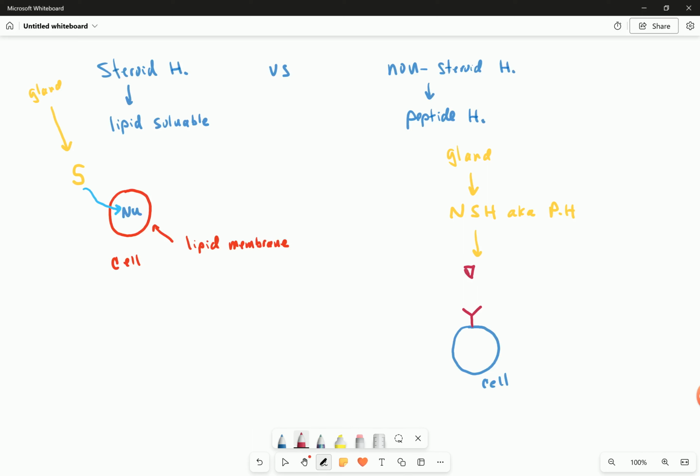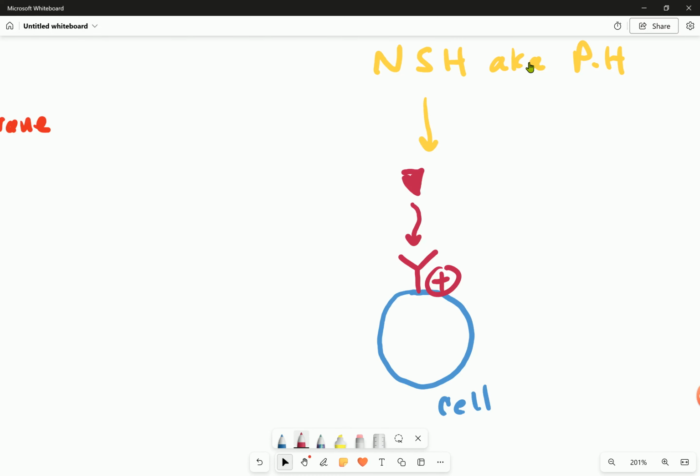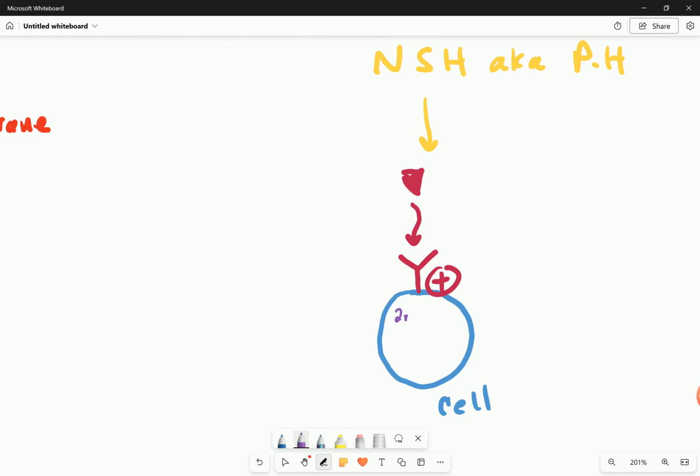Okay, and so this particular non-steroid hormone will bind to the receptor, and what that does, it creates an activation of some mechanisms on the inside of the cell called second messengers. Okay, so the second messenger will continue to relay the information to influence the nucleus of the cell.